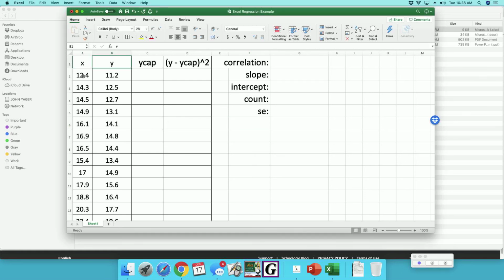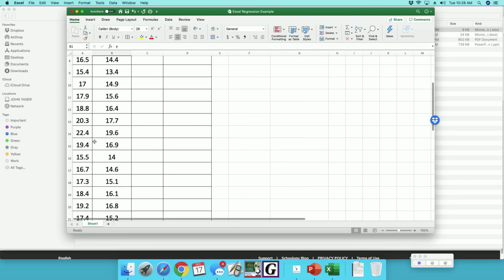It represents prices on cars, the sticker price of a truck versus the selling price of a truck. So first we want to calculate correlation. How closely are these numbers related?